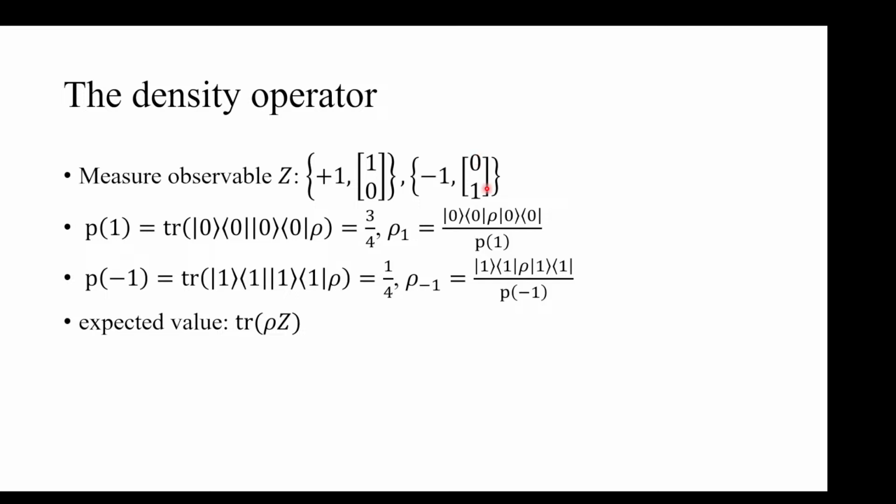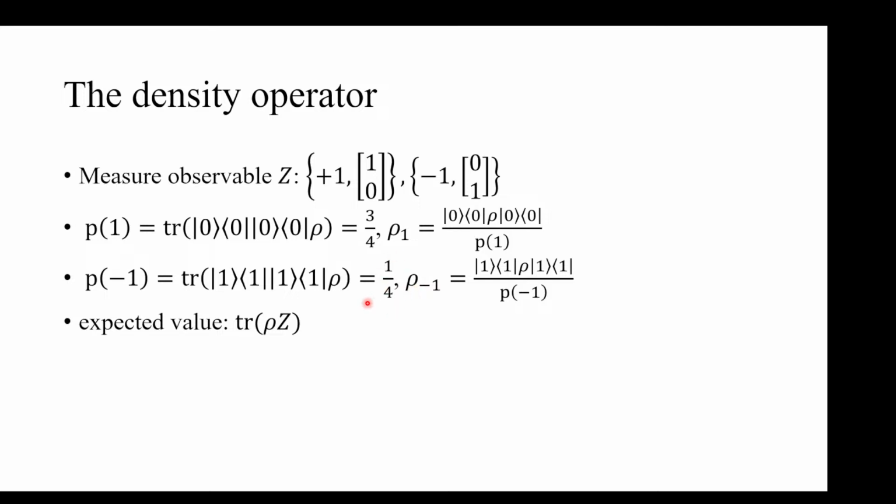Okay, so the probability of getting +1 is the trace of the projector on |0> and rho, and this is 3 over 4. The probability of getting a -1 outcome is the trace of the projector on |1> and rho, and this is 1 over 4.